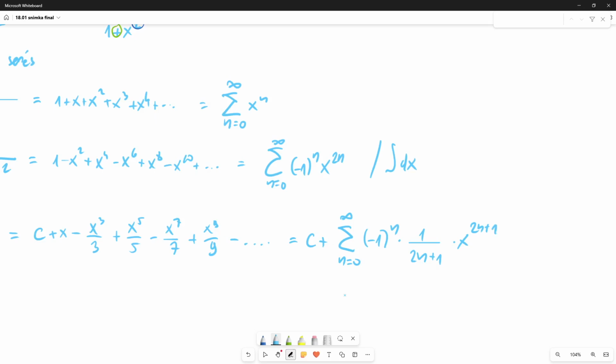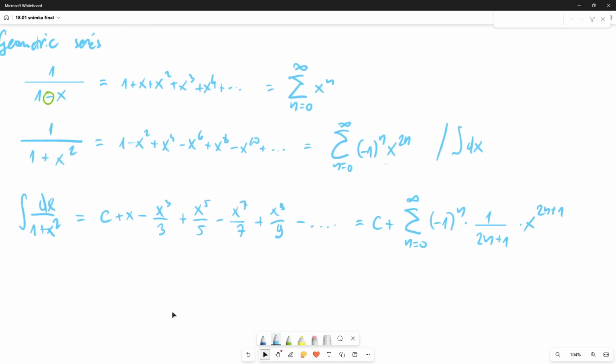This can be obtained either by directly integrating this general term or by spotting the pattern in this series over here as we take a look at the series term by term, and we see that this is a general term.